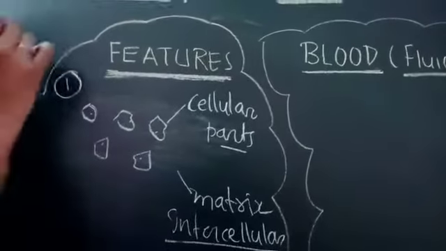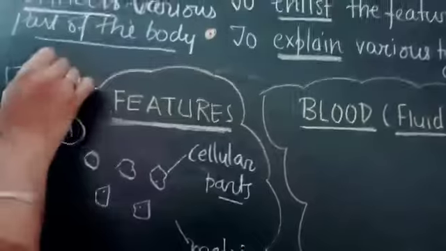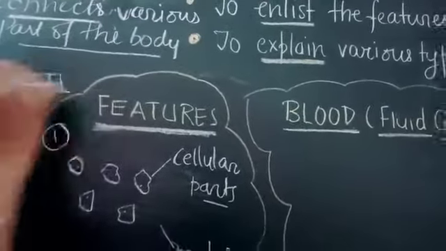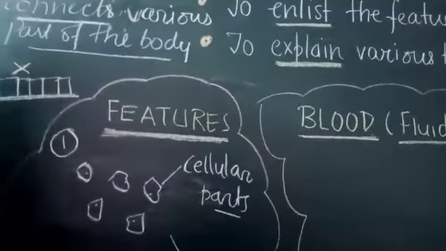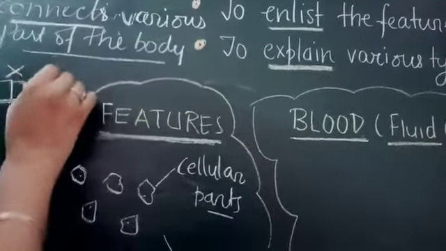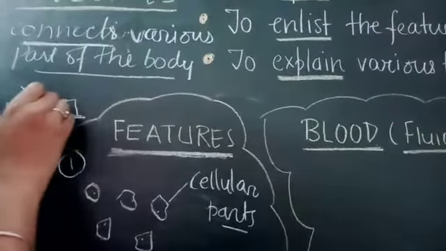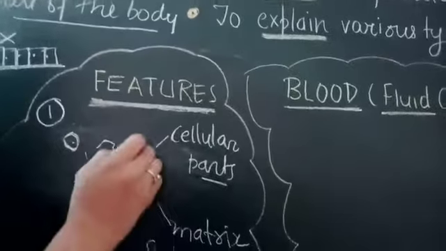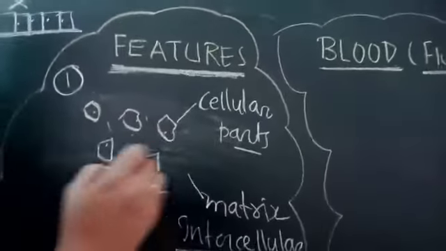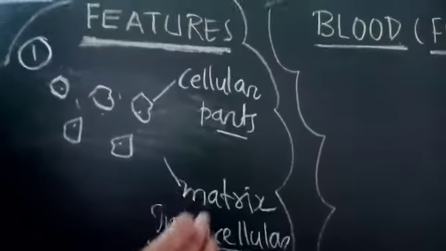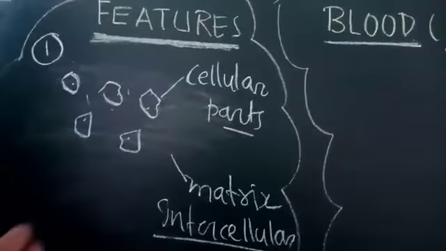In the case of the epithelial tissue, we have done that the cells are closely, compactly packed without any intercellular space. But in this case, there is a lot of intercellular space in between the cells, and that is being occupied by the matrix, that is the ground substance.